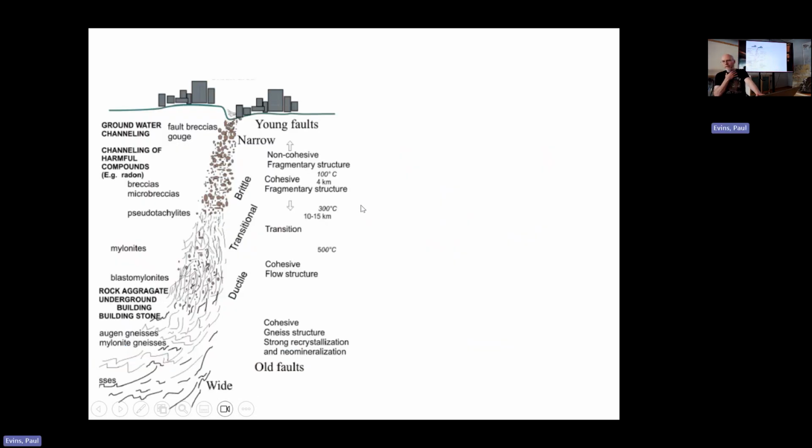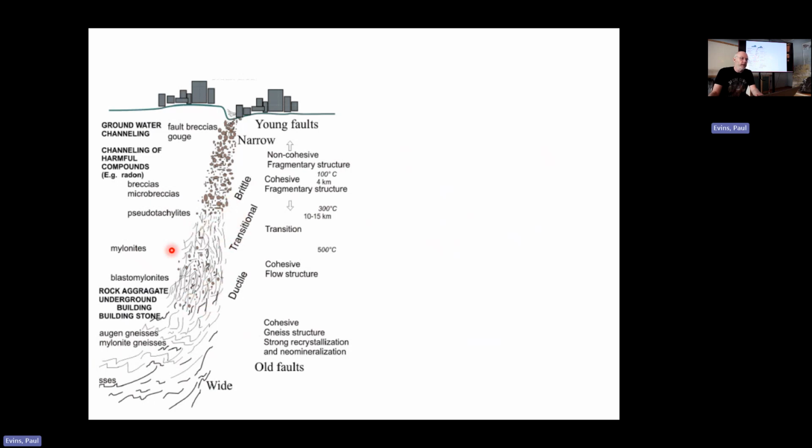And these faults, of course, develop over time and are being reactivated over time, but the crustal level is also changing the entire time. You're uplifting these rocks and then you're burying them again. So this ductile-brittle transition also moves over time. If we think of a typical weakness zone or shear zone, way down deep in the crust, it's basically just a gneiss, and then you start getting a little ductile shear zone.